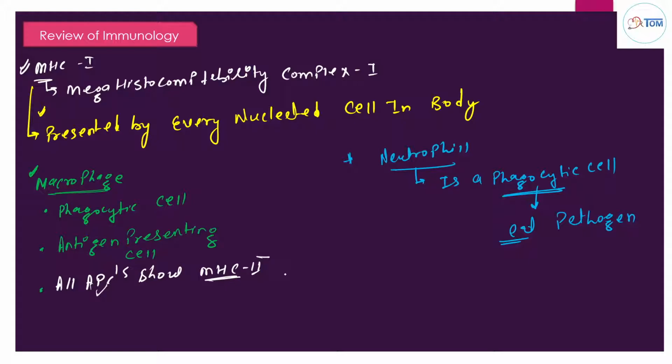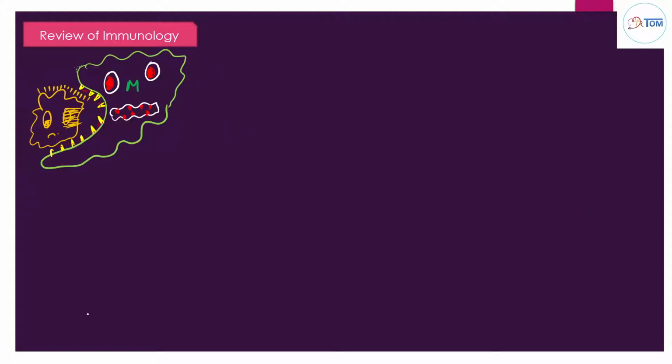So what cells are antigen presenting cells actually? We have macrophages, which are antigen presenting cells, we have dendritic cells, which are antigen presenting cells, we have B cells, which are antigen presenting cells. Don't worry, we'll keep talking about them, but for our discussion you have to understand that macrophages are one of the antigen presenting cells. Right? What is the meaning of antigen presenting cell? We'll clear it out in a minute, but let's come to the macrophage.